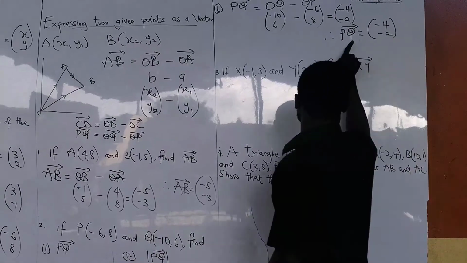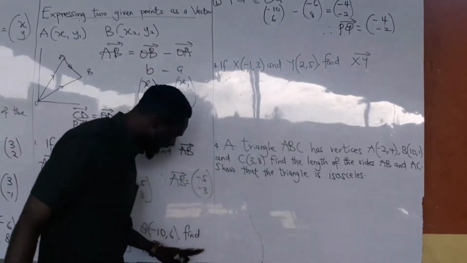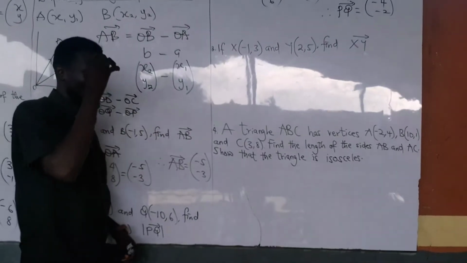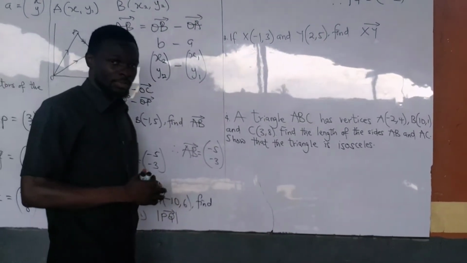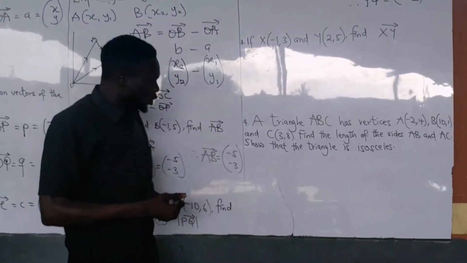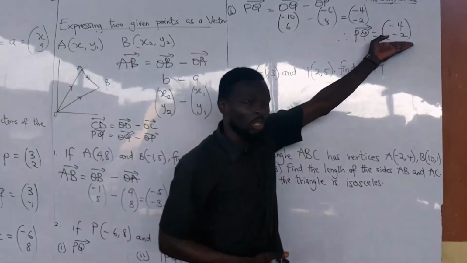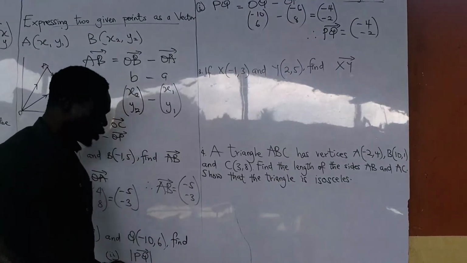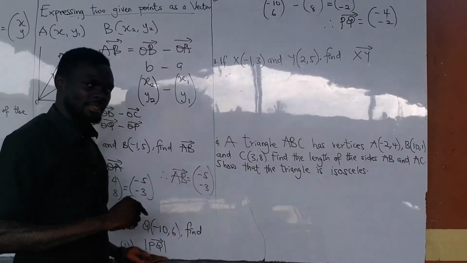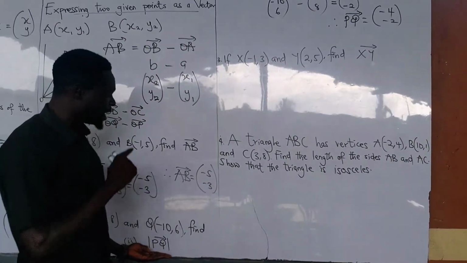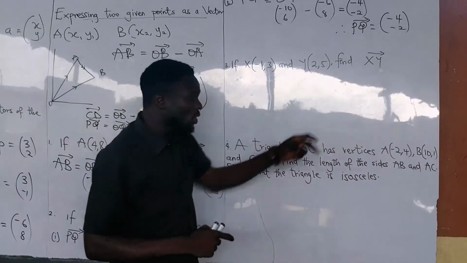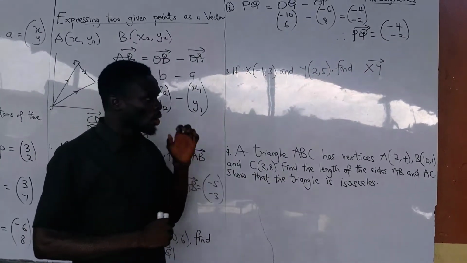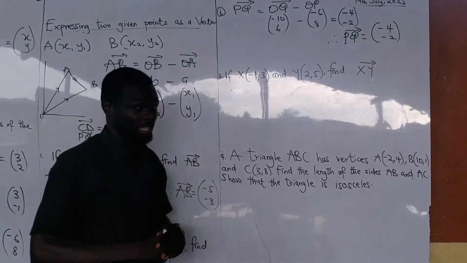Find the magnitude of PQ and send your answer to a WhatsApp number which will be given after the class. We have already talked about magnitude, which means the length. We've calculated PQ, so calculate for the length.